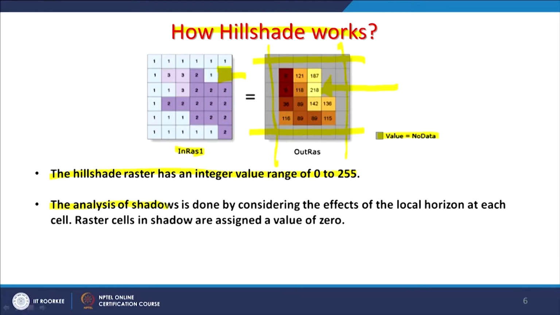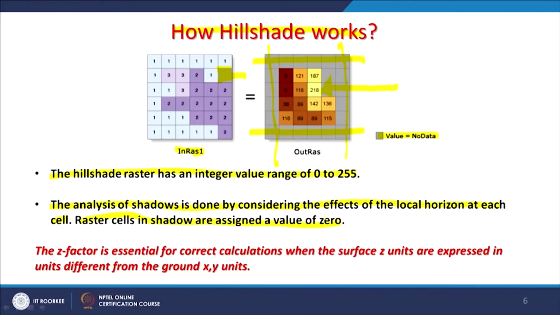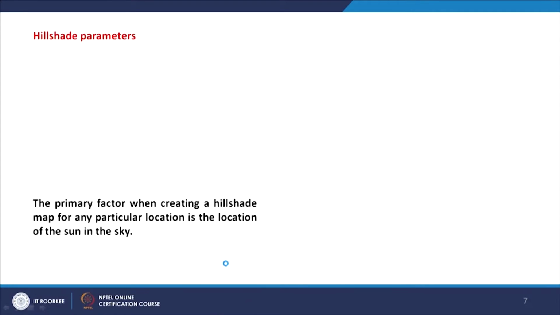The analysis of the shadow is done by considering the effects of the local horizon at each cell, and the raster cells in shadow are assigned a value of 0. And the Z factor, again Z factor will keep coming in our discussion, is essential for correct calculation when the surface Z units are represented in units different from the ground units, that is XY units.